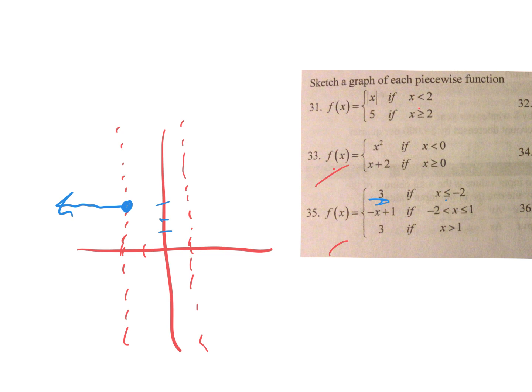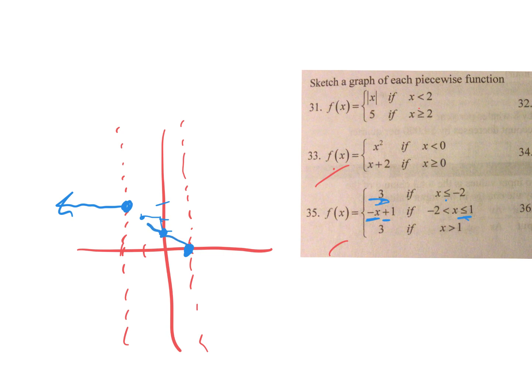That's that horizontal line. Then I see a slope of -1 and a y-intercept of 1, and I do that from -2 to 1. So here's the y-intercept, down 1, over 1. It's filled in there. And then I'm going to go up 1, left 1, up 1, left 1.